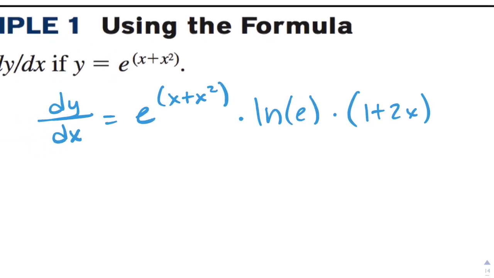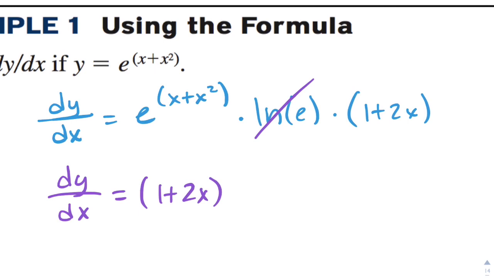If you want to simplify, which I'm going to for you so you can see, here's what tends to happen. The ln of e will go away, and then you will be left with 1 plus 2x times e to the x plus x squared. Why did I move 1 plus 2x? Well, it's a factor, it's multiplication. But on top of that, you tend to see the most simple parts go in front. So 1 plus 2x is much more simple than e to the x plus x squared.